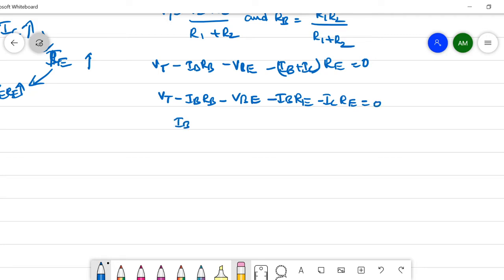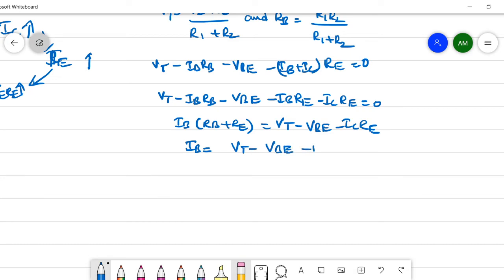Finally, taking IB common, IB into RB plus RE is equal to, shifting the remaining terms to the right side, Vt minus VBE minus IC RE. So finally IB is equal to Vt minus VBE minus IC RE by RB plus RE.